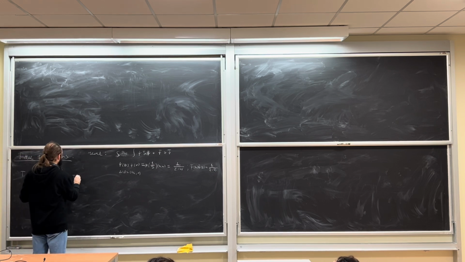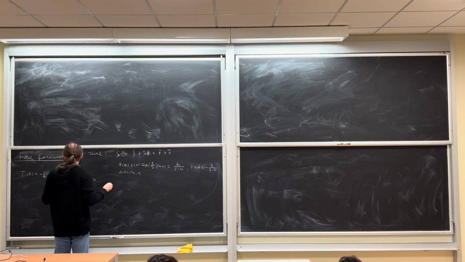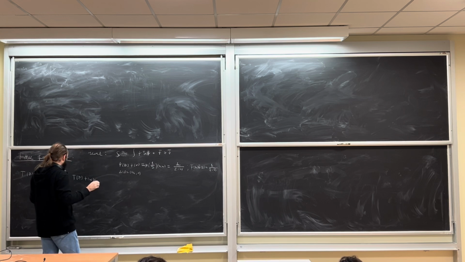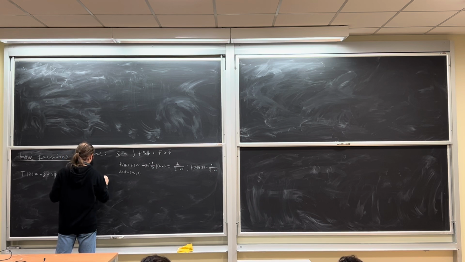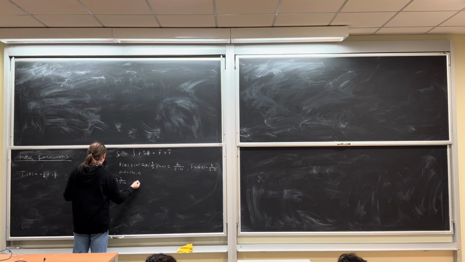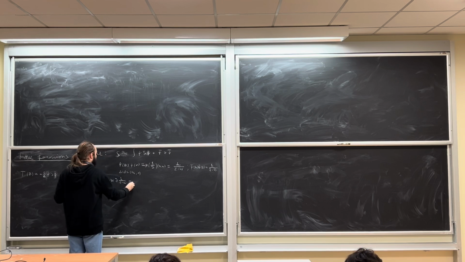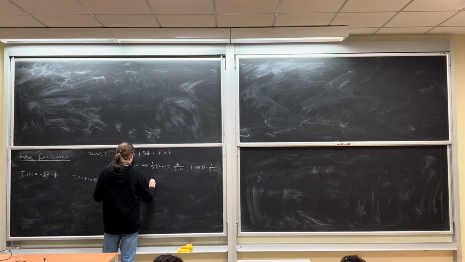So T of z with psi of w is minus 1/2 psi of z, d of 1 over z minus w, plus 1/2 1 over z minus w d psi of z.